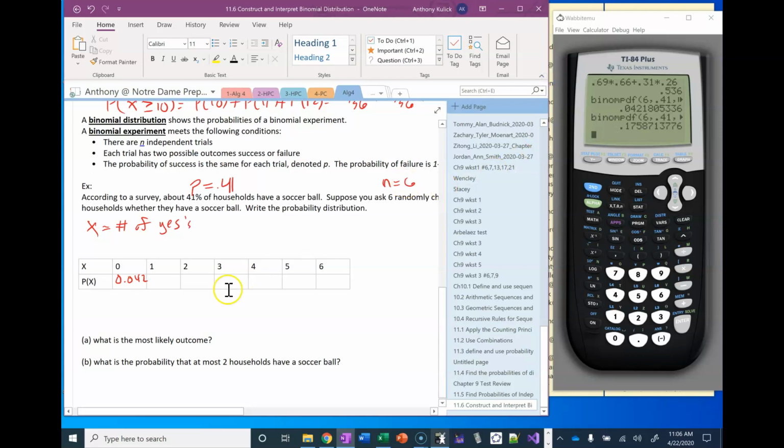So my next probability is 0.176. I'll press 2nd and enter and change that to be a 2. So that's 0.306. And 2nd and enter. Change that one to be a 3. So that's 0.283.